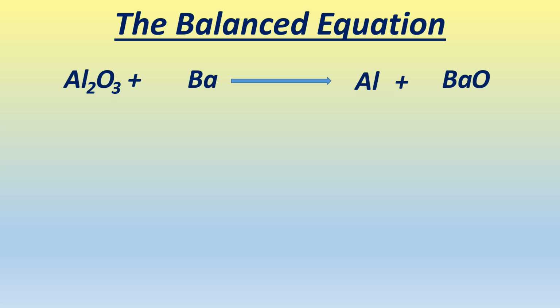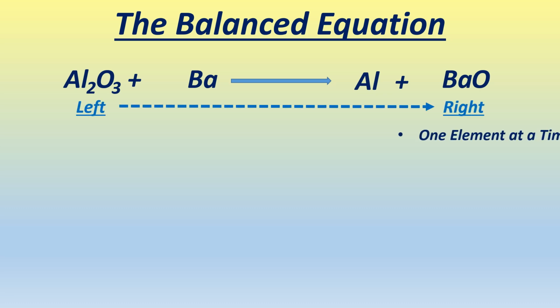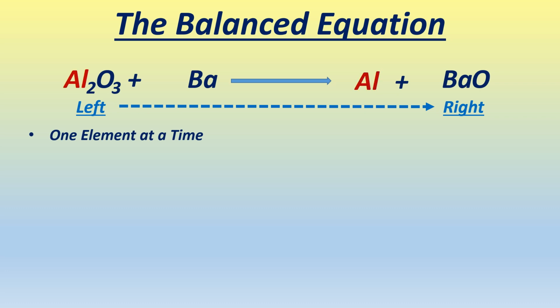To do this, one very simply goes element by element from left to right. Starting from the left, the first element one sees is aluminum. There are 2 aluminums on the left, 1 aluminum on the right. Therefore, to balance this, one needs a second aluminum on the right.